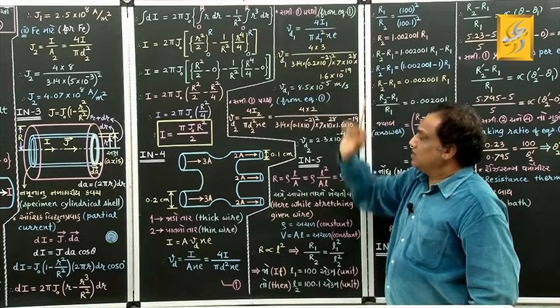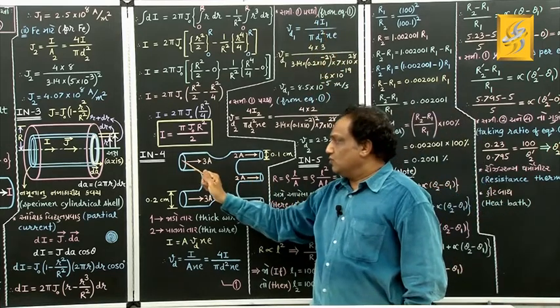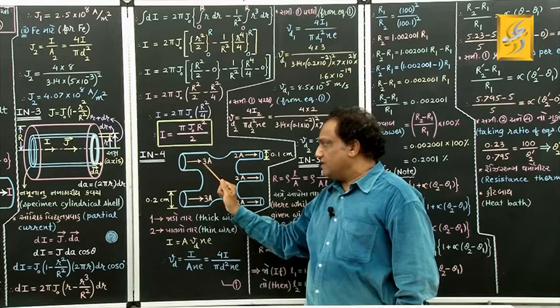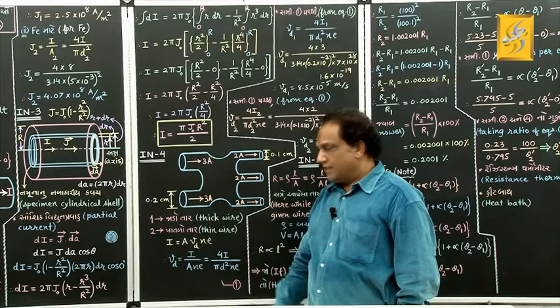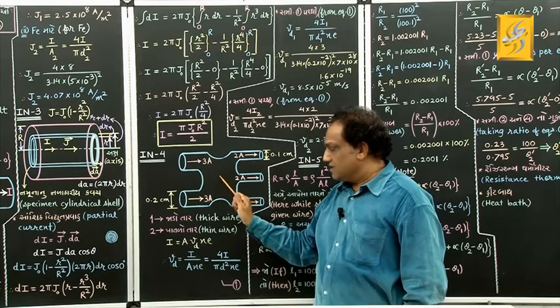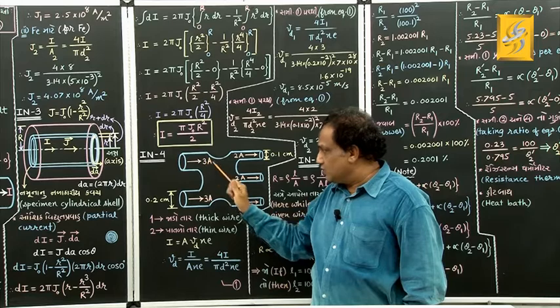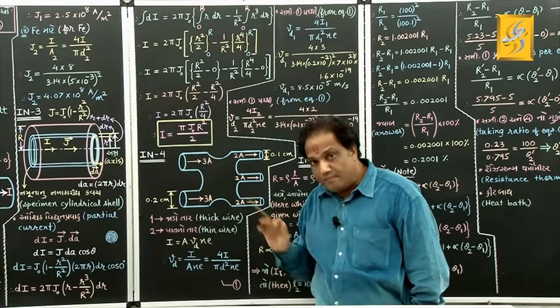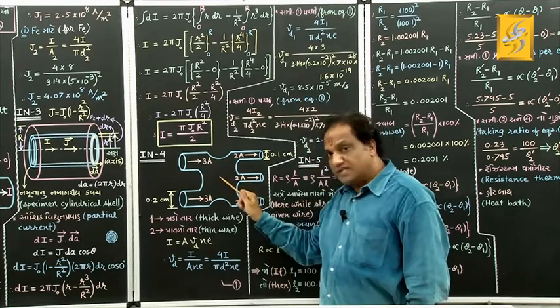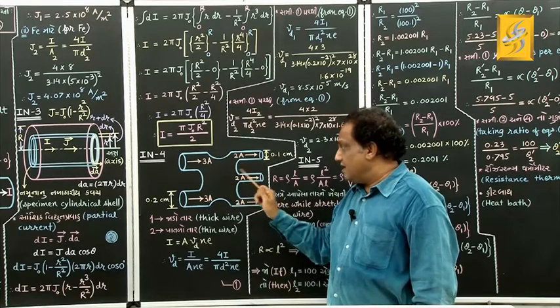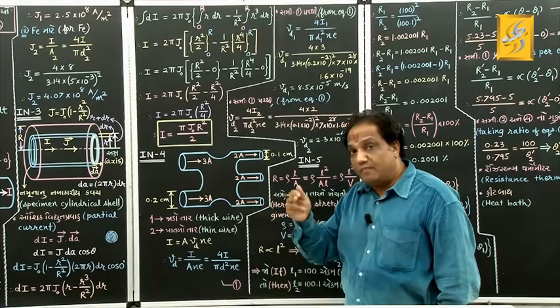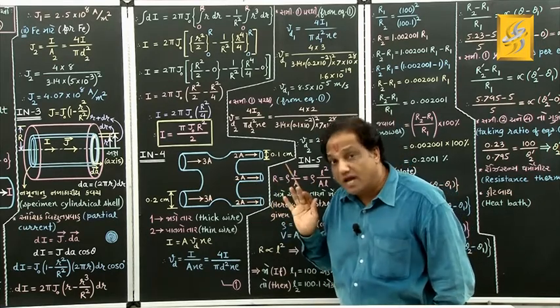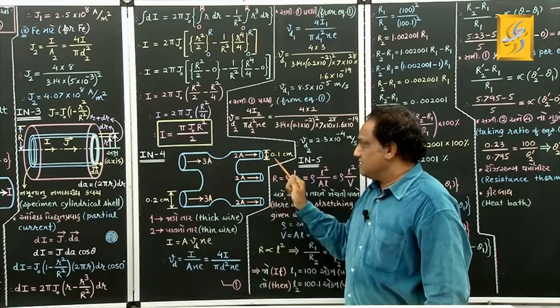What about current through the thick wire? Current through thick wire, they have given 3 ampere, correct? Now here you can consider some junction where these two currents will add up. So 3 plus 3, that is 6 ampere. But further, the total 6 ampere current will be divided into that many parts equal to number of branches. Number of branches is 3.